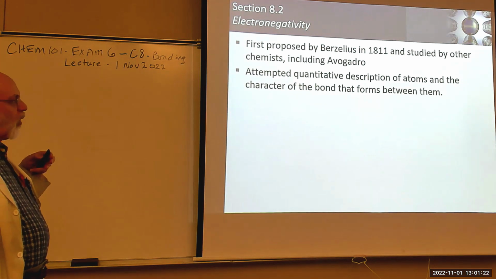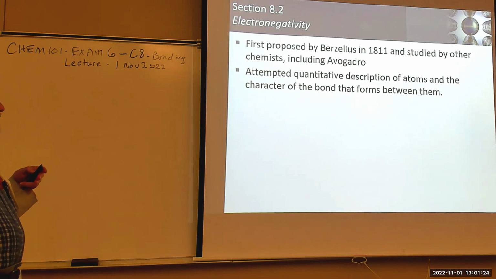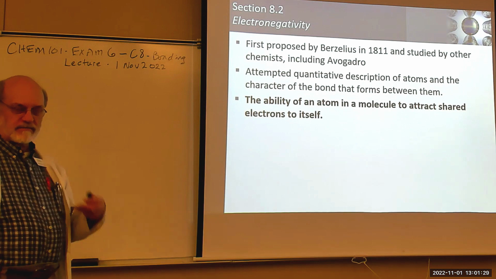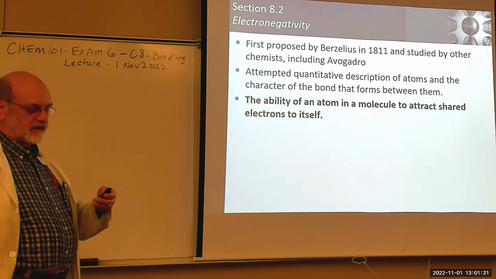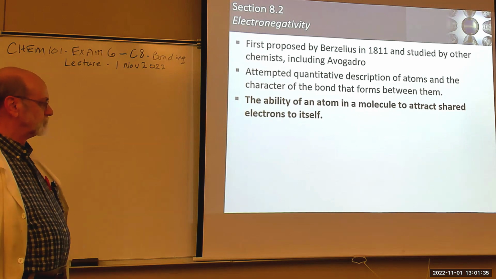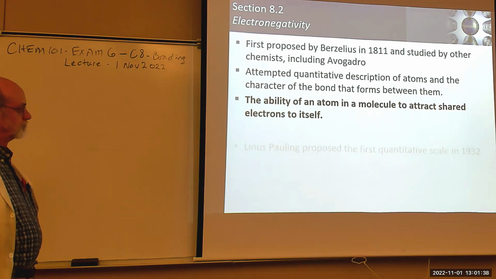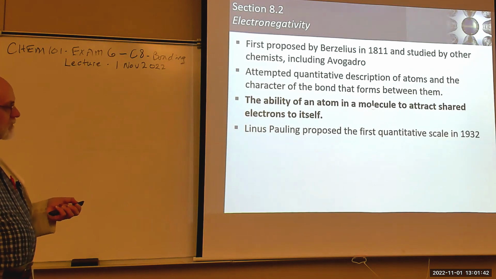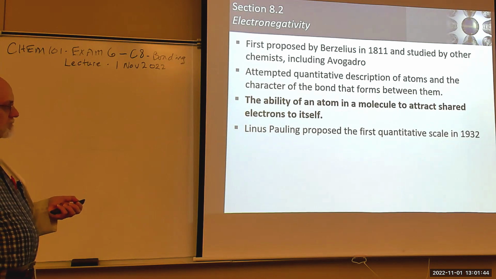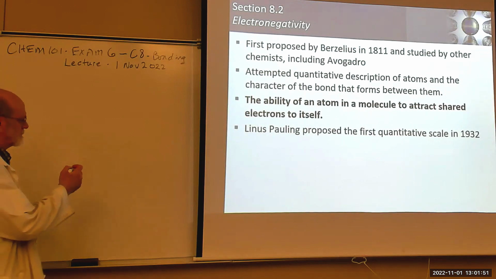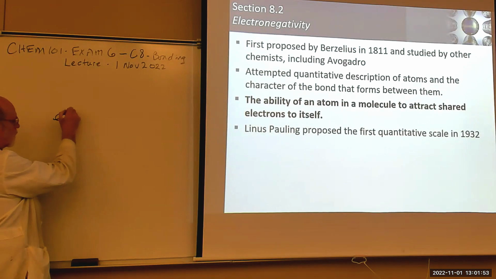This is an attempt at a quantitative description of atoms and the character of the bonds that form between them, trying to get a handle on the nature of the bond if we know something about the atoms before the bond forms. And it's a measure of this attractive force of the atom for electrons. We've sort of been introduced to that at this point. Up to this point, remember electron affinity?